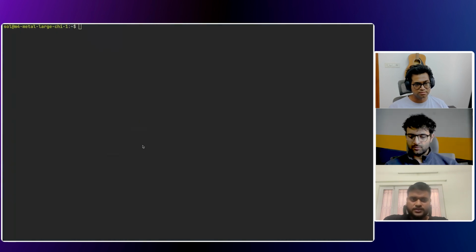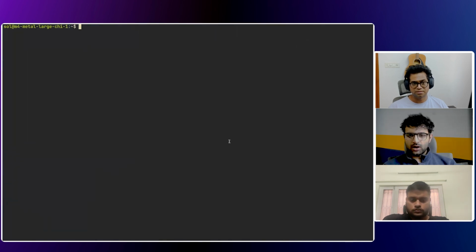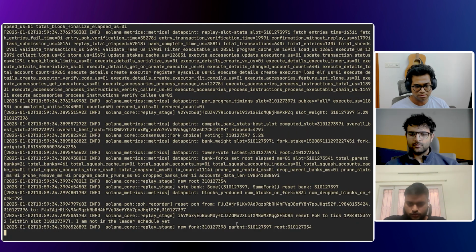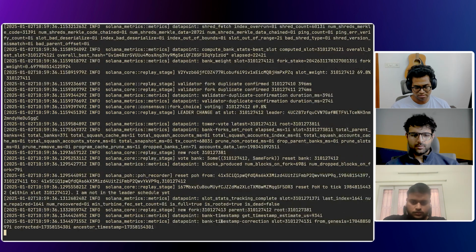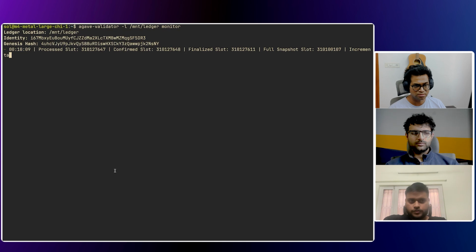So we downloaded the snapshot. Okay. So snapshot is the current state of the blockchain, all accounts, all balances, everything. It fetches the last bit of snapshot. It's resetting the viewage thread. It seems fine. So we caught up as well.